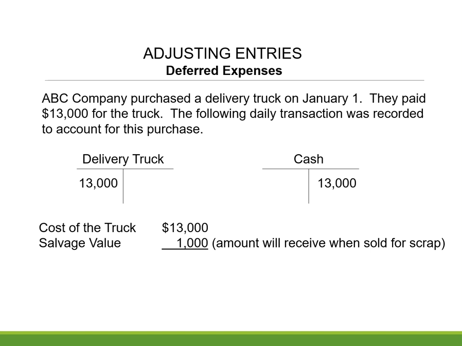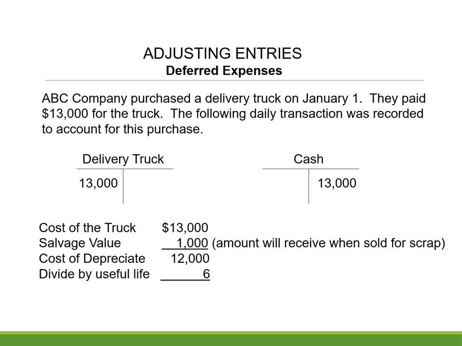When we sell the truck, we're going to get $1,000, so that is referred to as the salvage value. So the cost to depreciate is $12,000. So we're not going to depreciate the salvage value because that's what will be paid when we sell it.